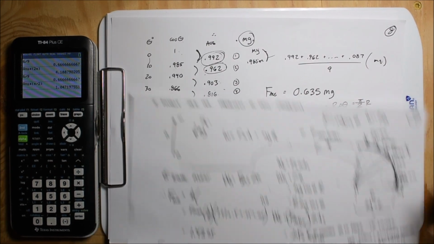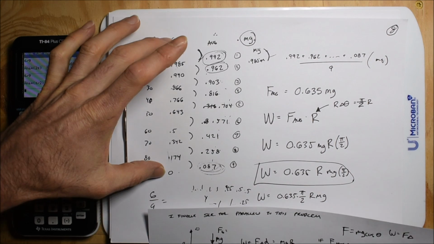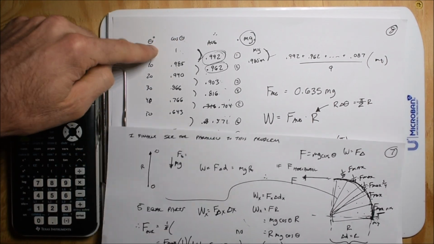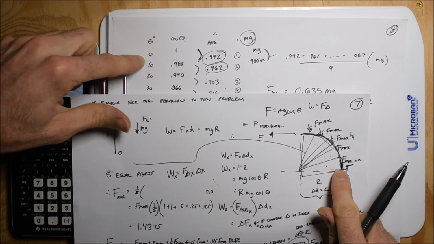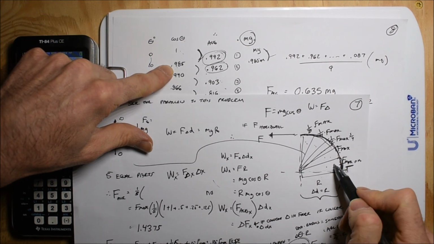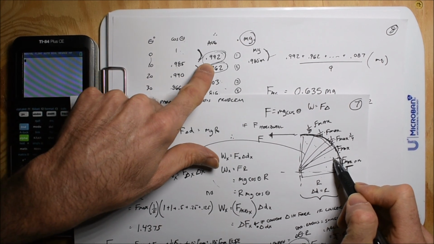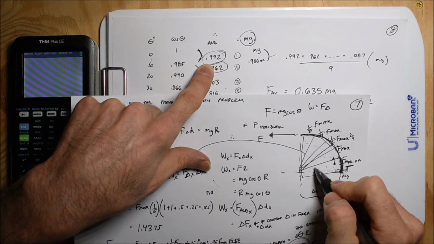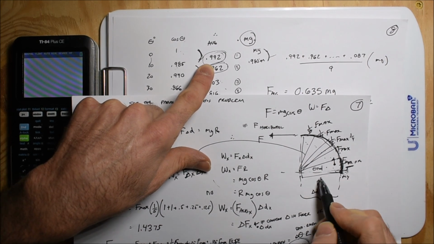If you do this in Excel, it's way better than a calculator. The force right at 0 was the max, mg, and the force at 10 was 0.985 mg, so the average force in between is going to be that. Then the change in distance is this arc length, which is just theta in radians times the radius.